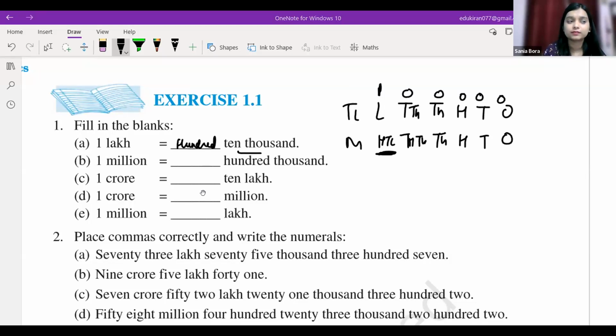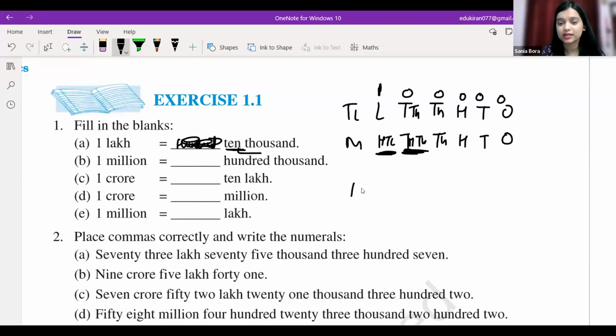Wait, this is 10,000. No, the first one is 10,000, not 100. It's 10,000. Right? So it is equal to this.